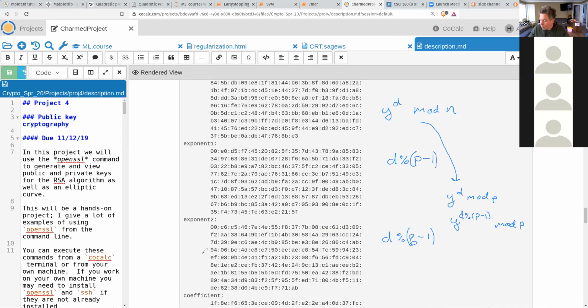So you also see that there's this thing at the end, coefficient. I'll scroll down and show you the coefficient in a second. It's not super edifying, because it's just another random number.